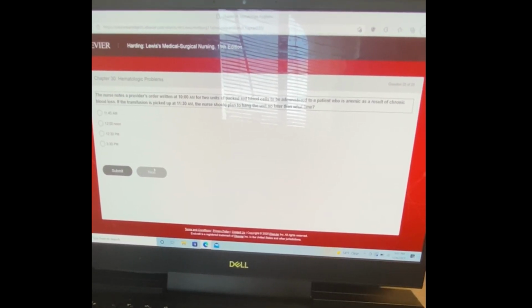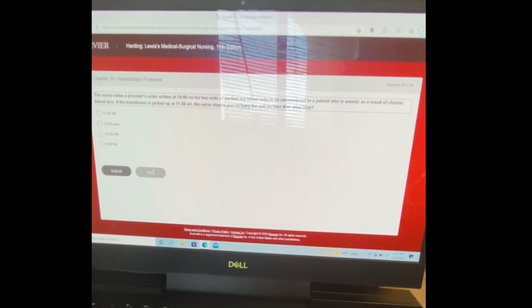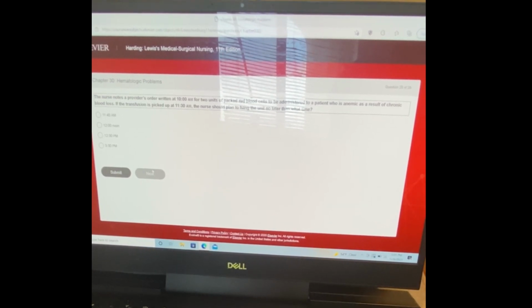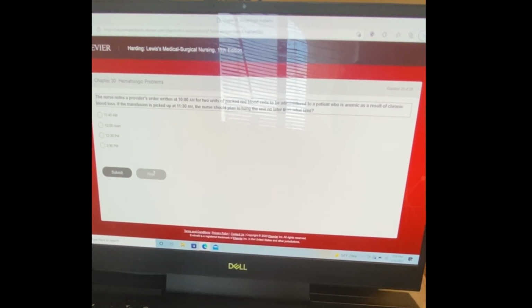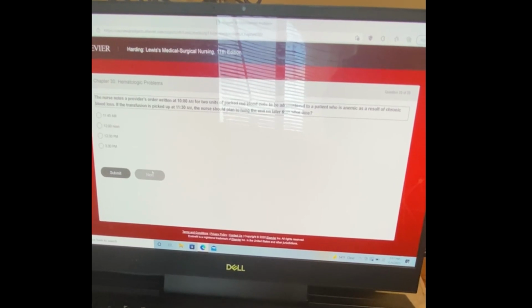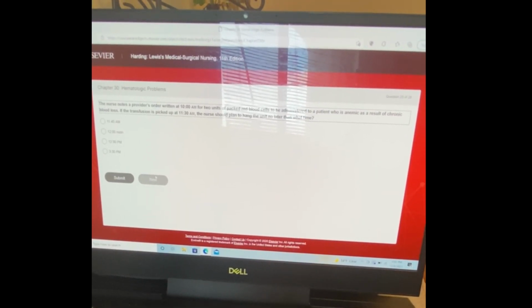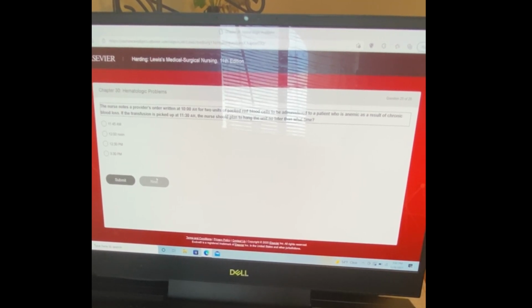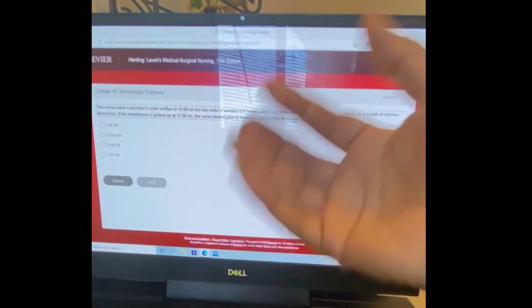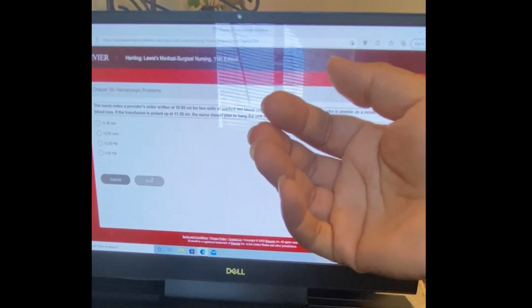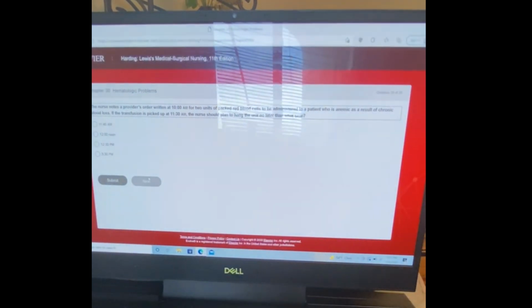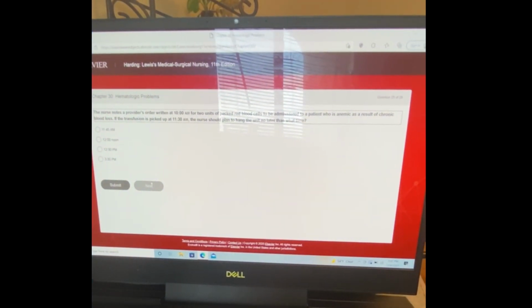I knew somebody with anemia before. Don't focus on the nurse taking too long to hang it. Focus on how long you think this blood is useful.